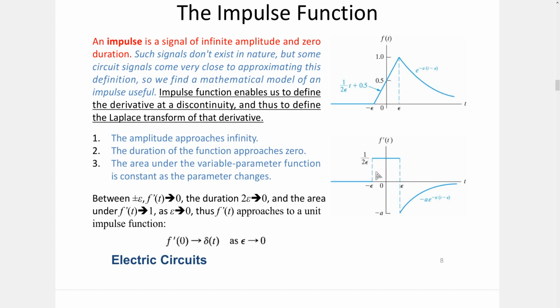As epsilon approaches 0 from both sides, 1 over 2 epsilon will keep growing and hit infinity. You can simply use your imagination on that. And so the derivative of the function at 0 becomes delta t in this case, as epsilon goes to 0.